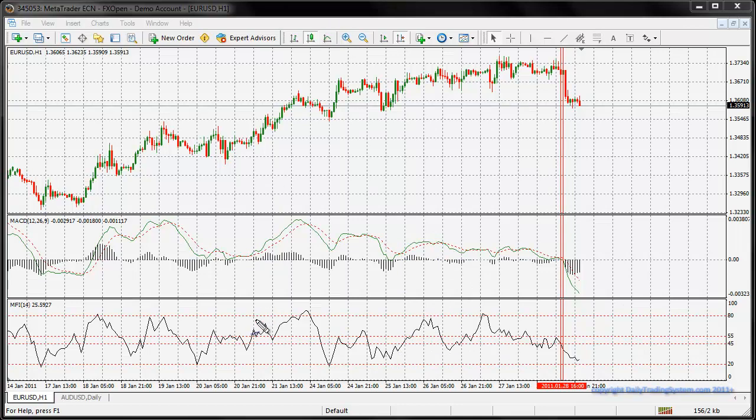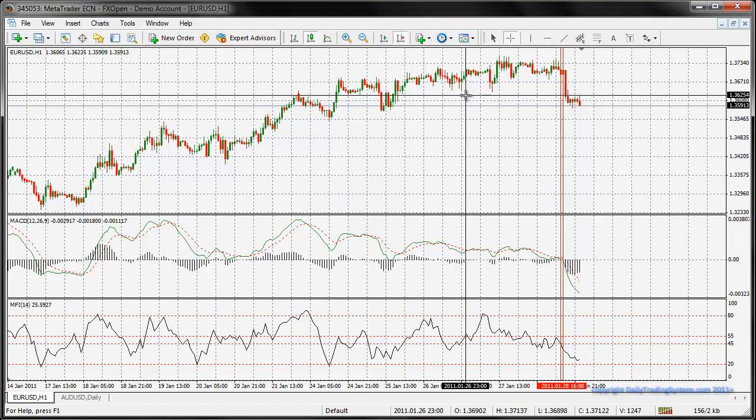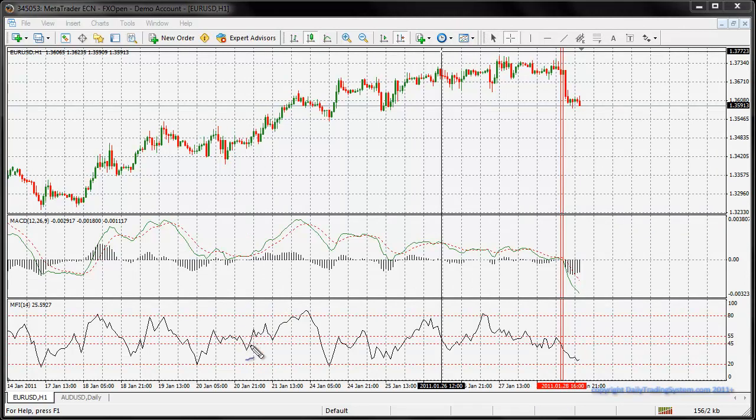So let's give you a buy. That's okay. There's a buy area from there, and that one lines up. Those two areas are good. Now let's see if we can find some more sell trade opportunities.